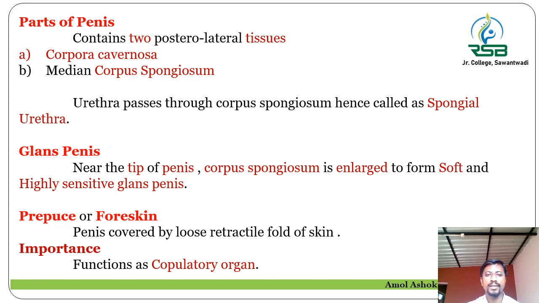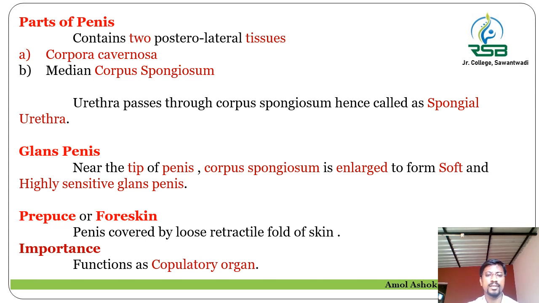At the tip of the penis, an enlarged, soft, highly sensitive area is present. It is called the glans penis. Near the tip of the penis, the corpus spongiosum is enlarged to form the soft and highly sensitive glans penis.